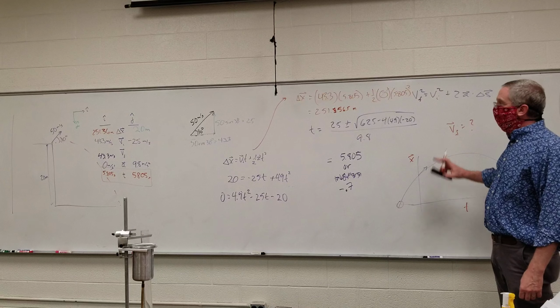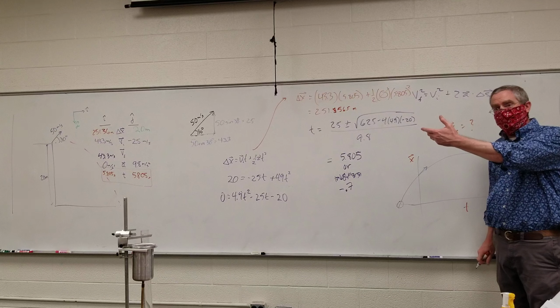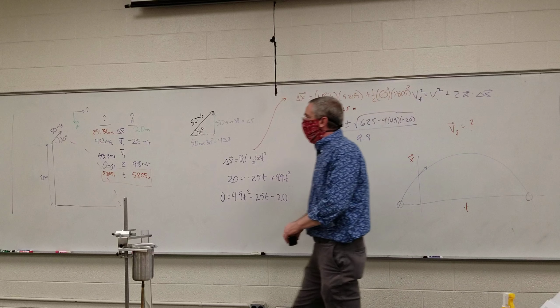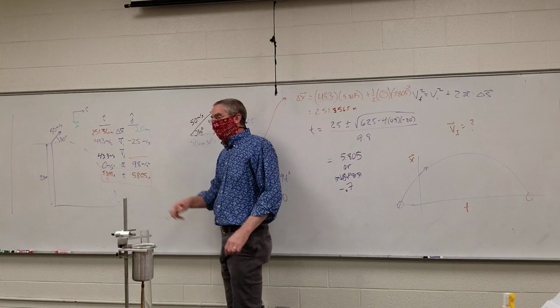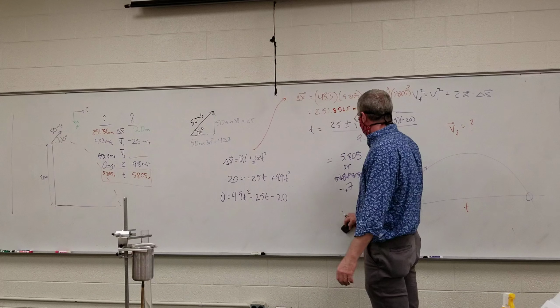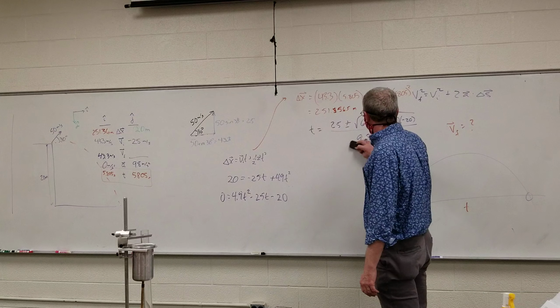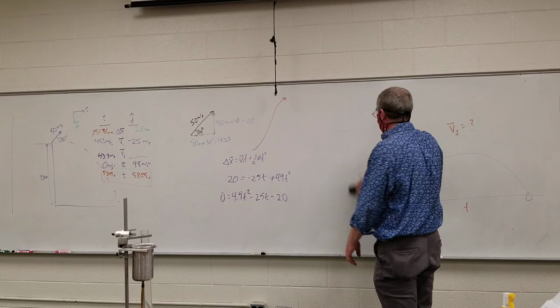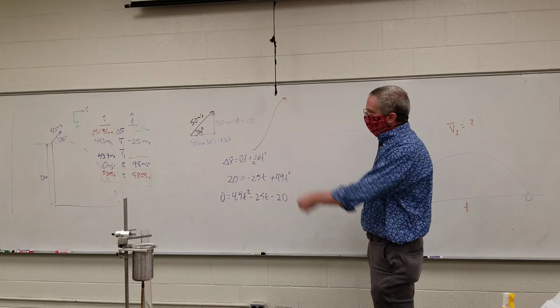All right, so final velocity. Well, I know what the horizontal component is, so this is just a matter of what is the vertical component. We have all this information already written down. So which kinematic formula do we use to find VF?